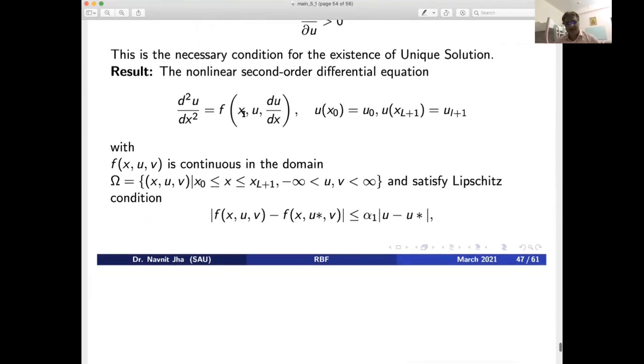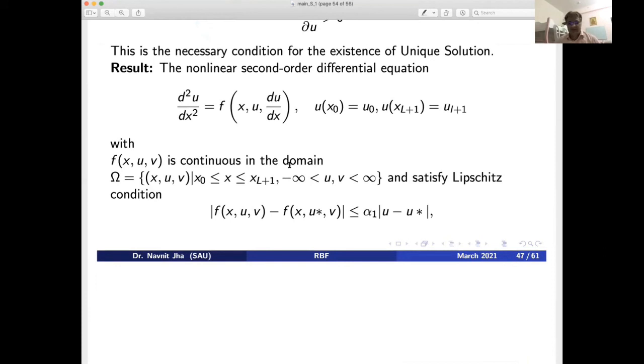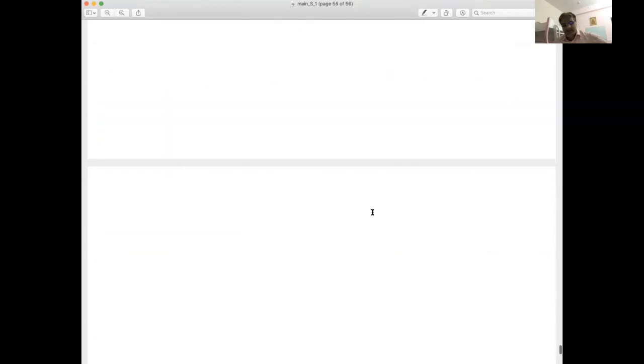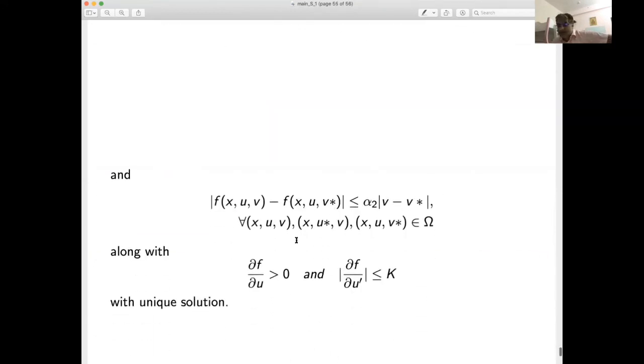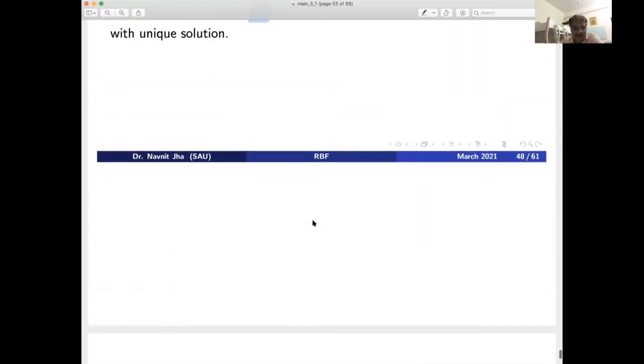For the nonlinear equation, if the function f is continuous in this domain omega, and it satisfies a Lipschitz condition in the first component, u and u star, as I have written, and in the second component, if it satisfies a Lipschitz condition, along with these conditions, del f by del u greater than 0, then it has a unique solution. So this exactly matches what we have derived. This is all about the convergence of the method.